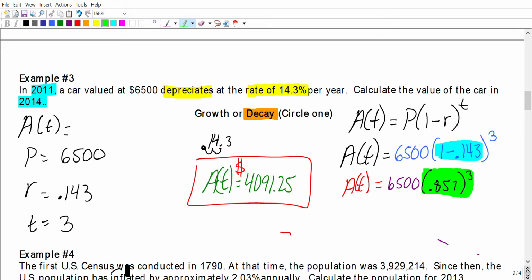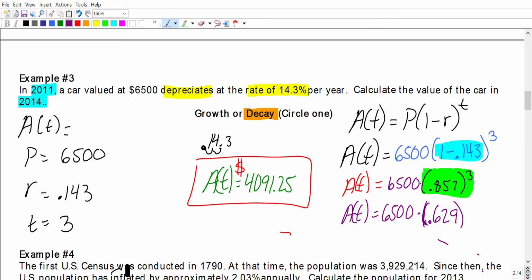You get some pretty big decimal here, but I'm actually just going to round it to the nearest thousandth. So let me write this down. It would be A of t equals $6,500 times, remember between the 6,500 and the parentheses is a multiplication, times 0.629, is what I should have. And then finally multiply that out. 6,500 times 0.629.